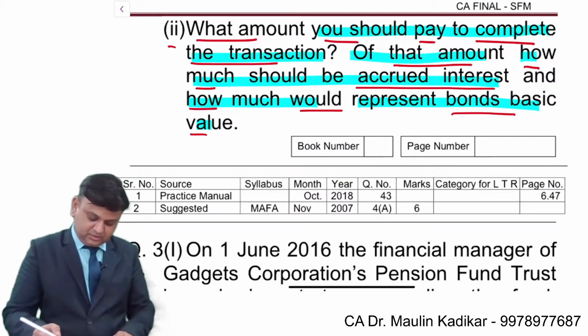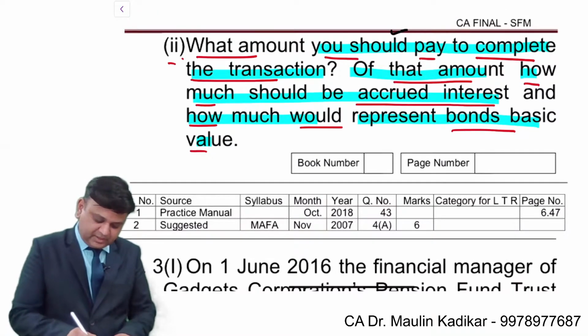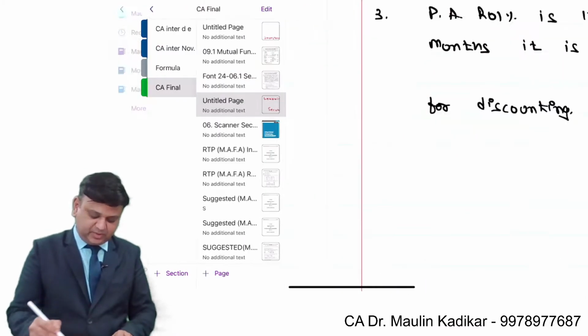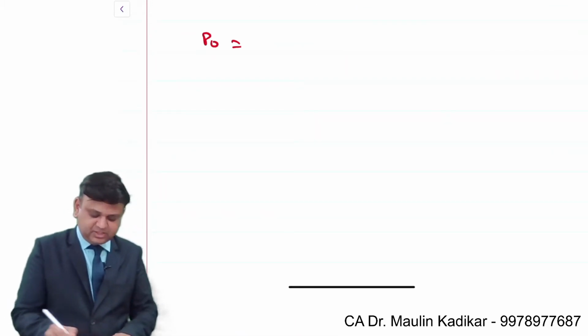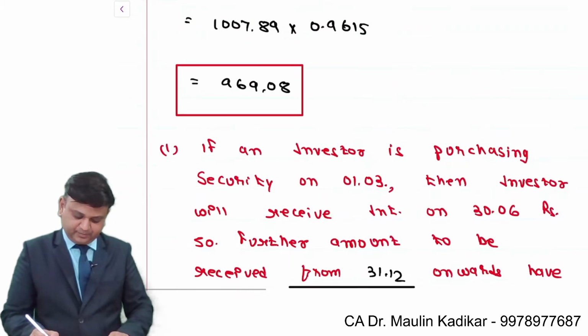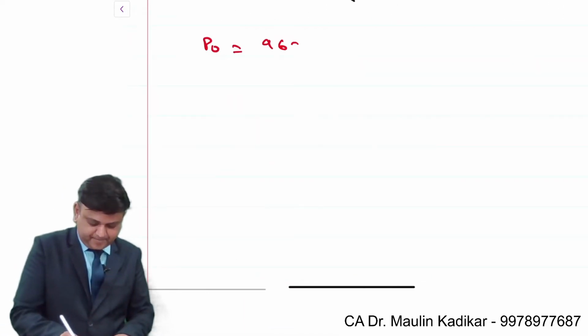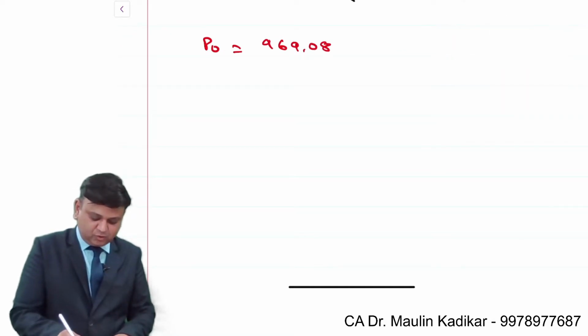Second part of the question, what amount you should pay to complete the transaction? So that we have calculated. Of that amount, how much should be for the accrued interest and how much would represent the bond's basic value? So we understand it's the P0. This is very simple. 969.08. Now this value is basically divided into two parts.